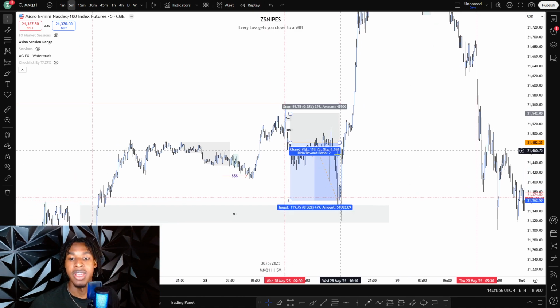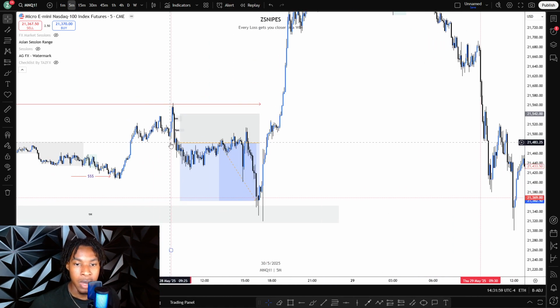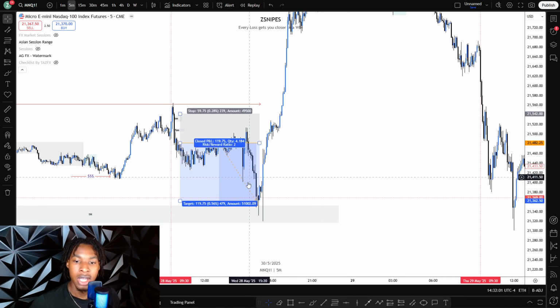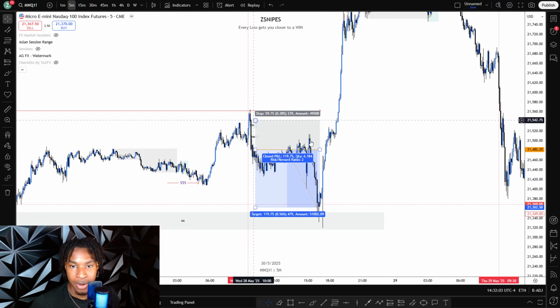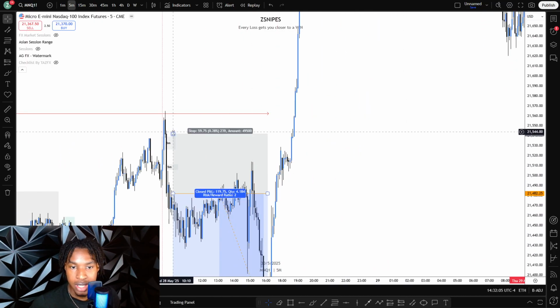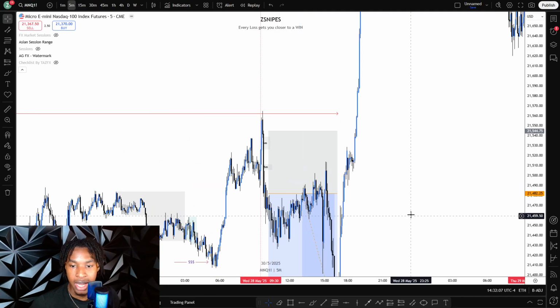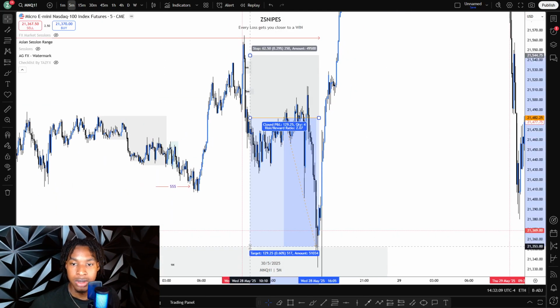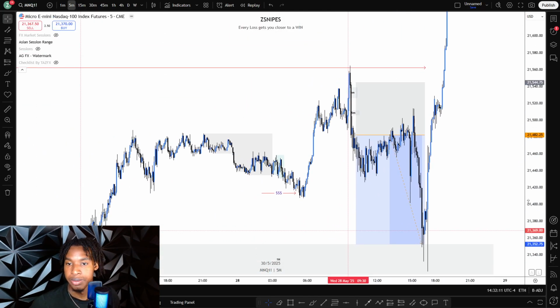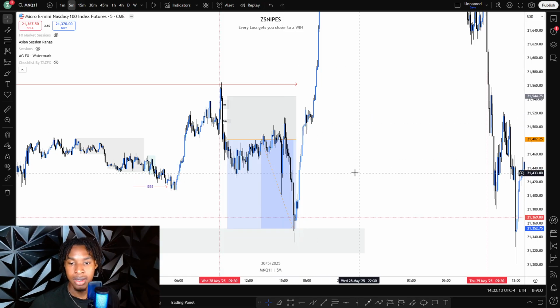There's a safer entry for you guys right there, right? You enter right here, boom, you target your 1 to 2, covering these 2 gaps right here. Stop loss goes above the wick. Boom. That's the trade, okay?